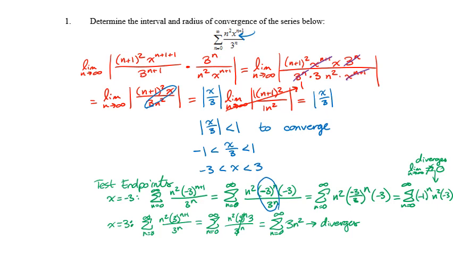And this one would be the nth term test, because the limit does not equal 0. That's the answer. That is the interval of convergence. So the interval of convergence, if I write this out, is the interval from negative 3 to 3.